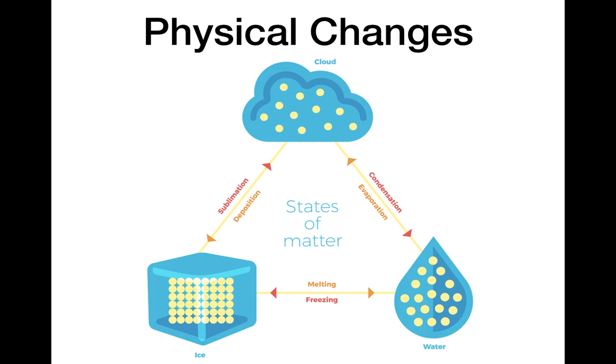So where we're changing between a gas, solid, and liquid, but it's still the same chemical substance. These processes, condensation, evaporation, sublimation from a solid right to a gas, and deposition from a gas to a solid, and melting and freezing. These are all physical changes and are not changing the chemical identity of the substance being involved. The classic example, of course, is water.